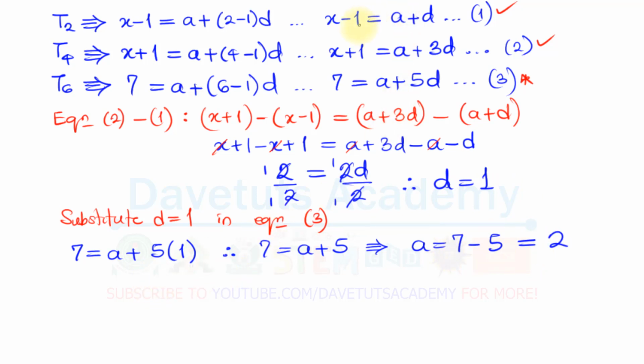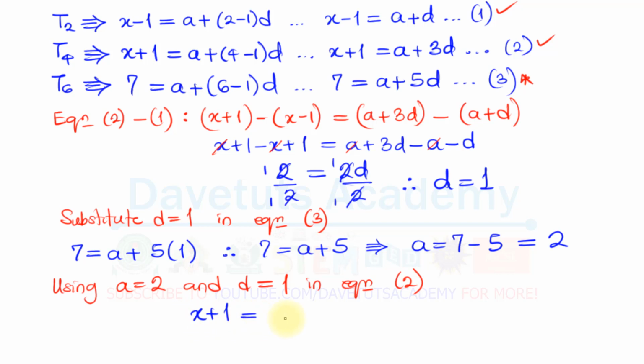Then looking at either equation 1 or equation 2, any one of the two, I can now substitute for a and d. Let me say, using a is 2 and d is 1 in equation 2, in equation 2, what I had initially was x plus 1 is equal to a plus 3d.